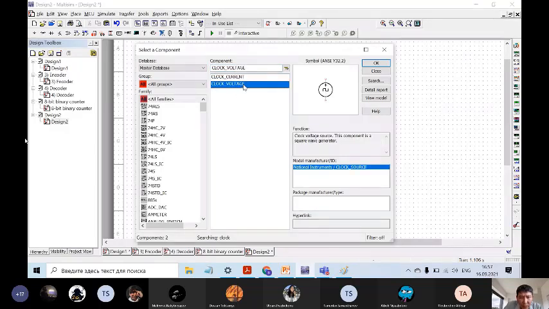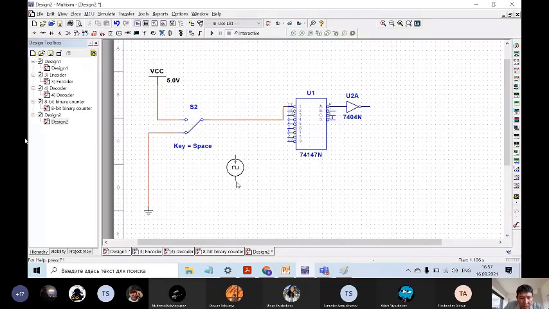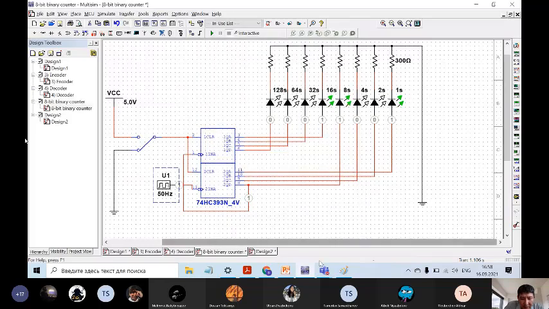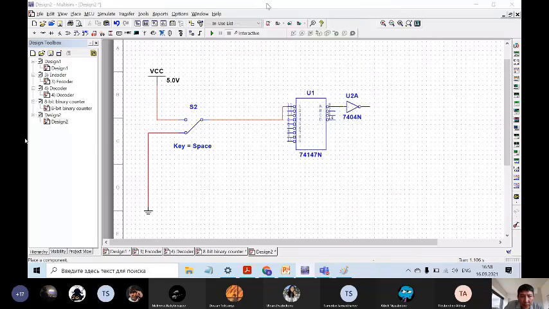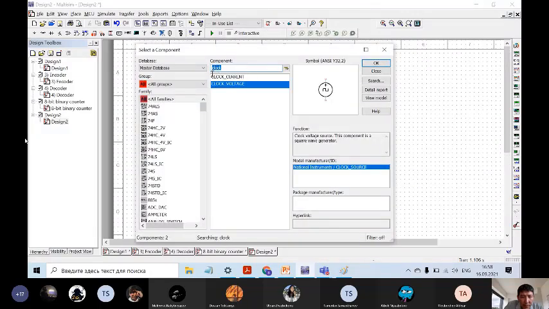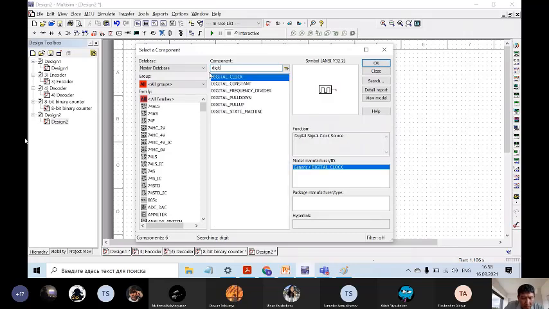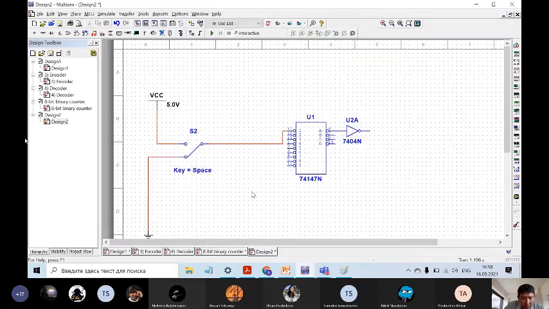Because we need to use a voltage clock. No, it's not this one. So I use this device, digital clock. This one, digital clock.